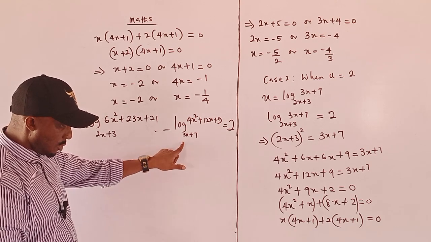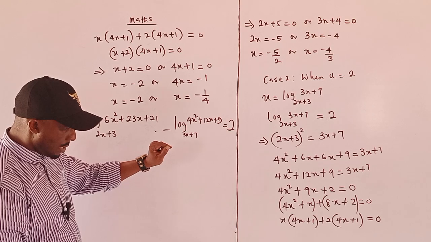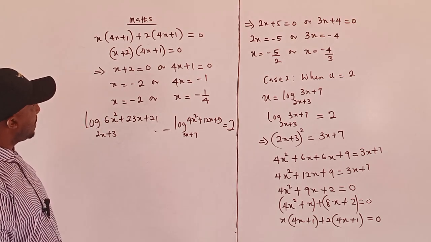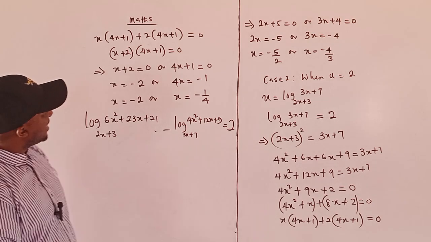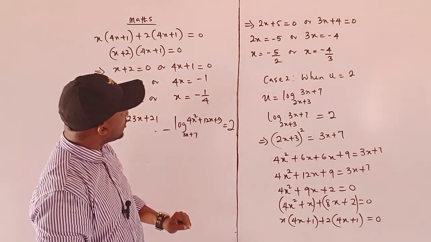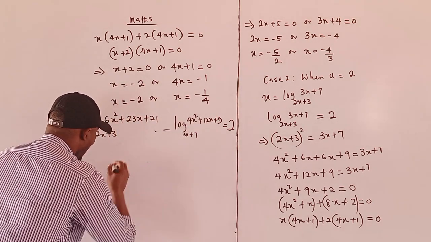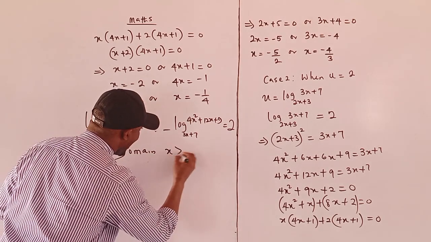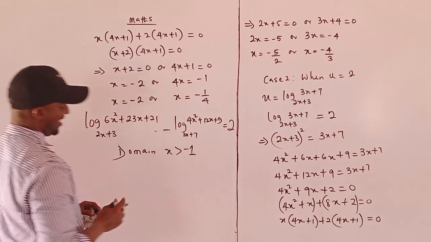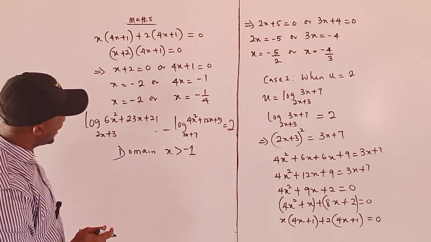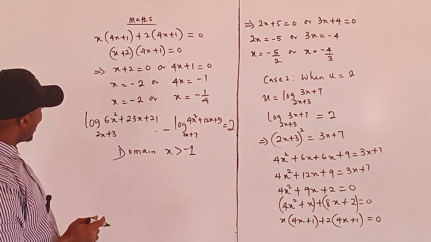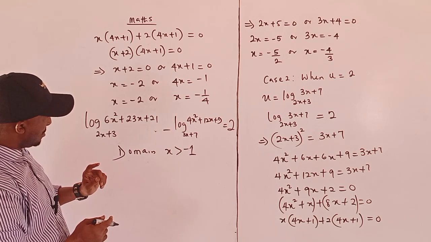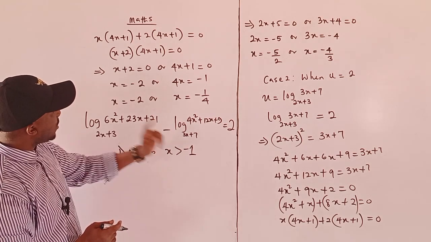Here, 3 multiplied by -1 is -3, plus 7 is 4. So the domain of this entire equation is that x must be greater than -1.